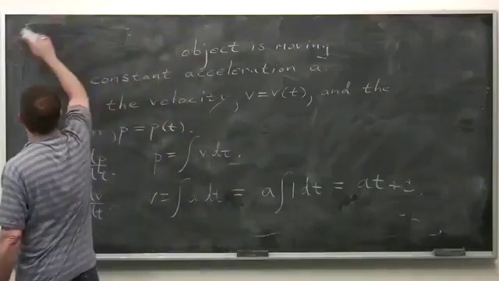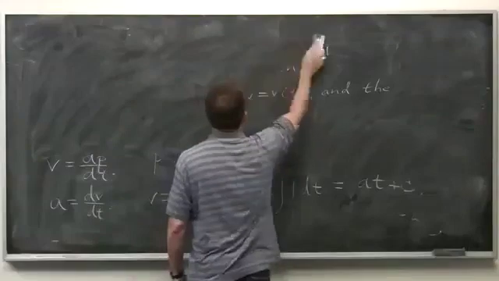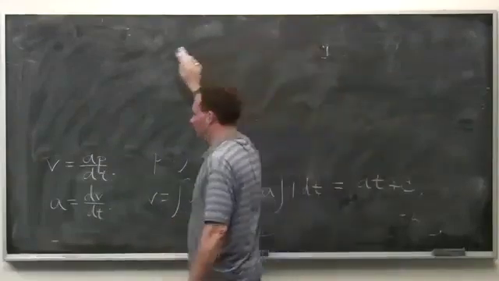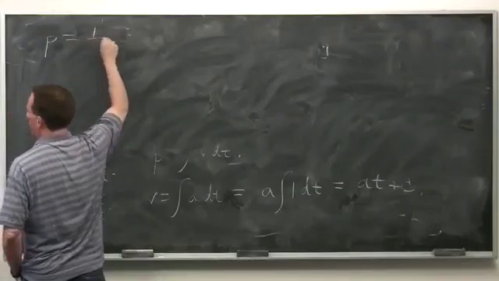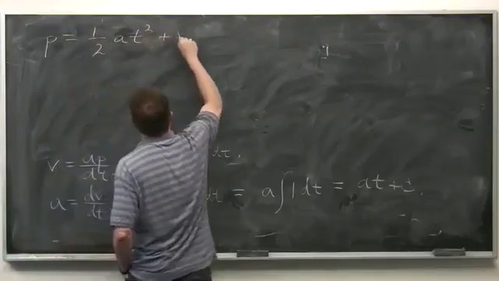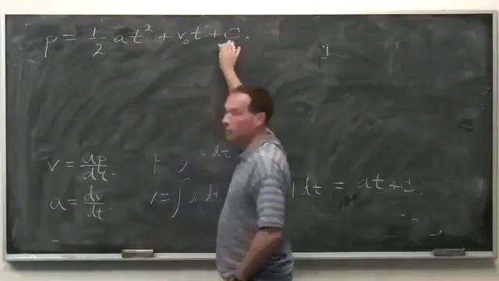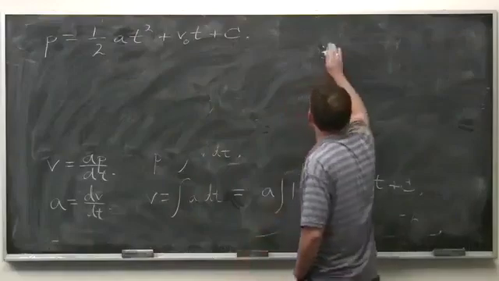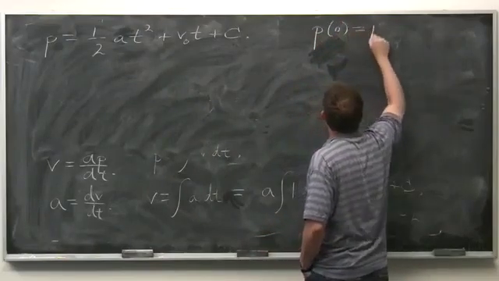So again, we would like to give some physical meaning to this currently arbitrary constant. So we get the position is 1/2 at squared plus v naught t plus a constant, but we'd like to give this constant some physical meaning. So once again, we plug in tautological initial data.